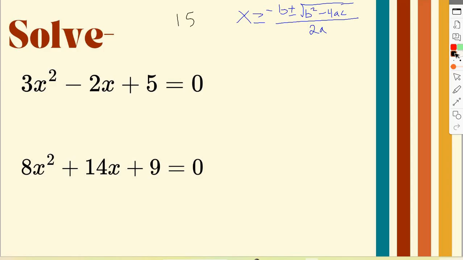It's also what's going to lead to us, if I have a negative underneath this square root, what does that mean we have? An imaginary number, or a complex number, yes. Remember that the a, b, and c represent the coefficients. So 3 is my a, -2 is my b, and 5 is the c. So you're just plugging those in to your formula.